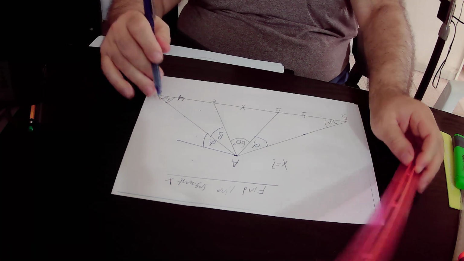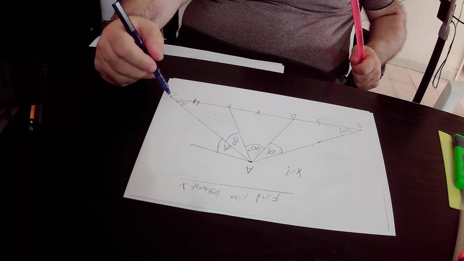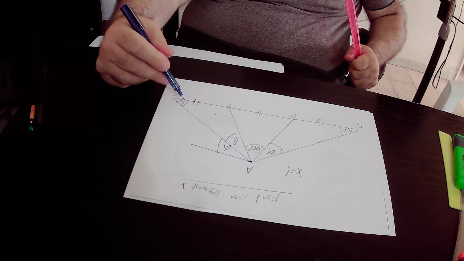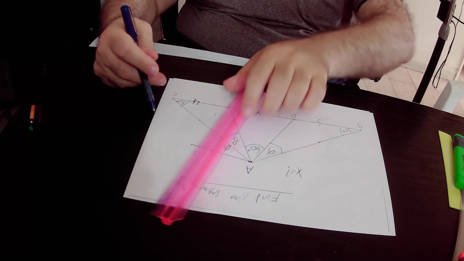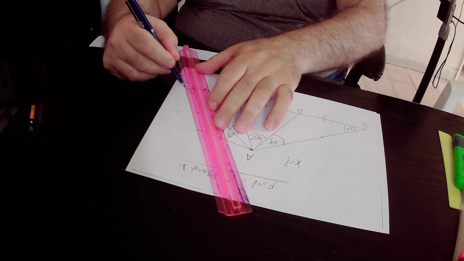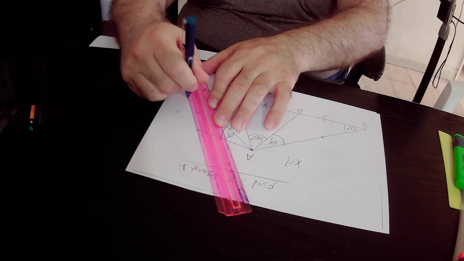In addition, from point C, we'll draw a straight line in such a way that the straight line with side CA creates an angle of 30 degrees. So this angle is equal to 30 degrees according to our construction.